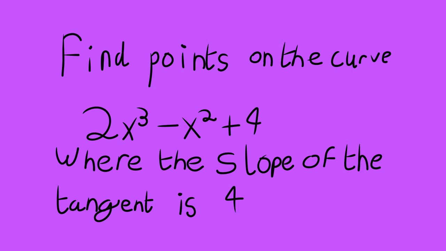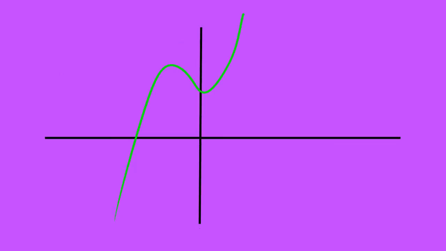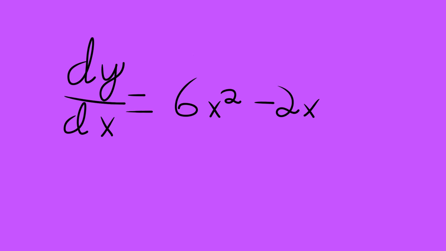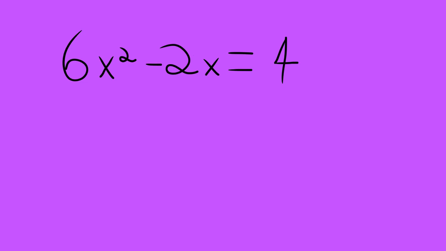So then next question, find points on this curve where the slope of the tangent is 4. Okay, so I've just drawn a small graph there, and you want to find the points where the slope is 4. So we take the derivative of that function, you're left with 6x squared minus 2x. And then the idea of a derivative is that it gives the points on the curve where the slope is that.